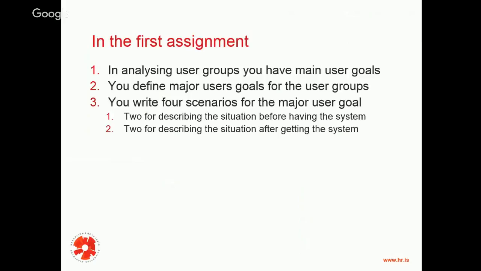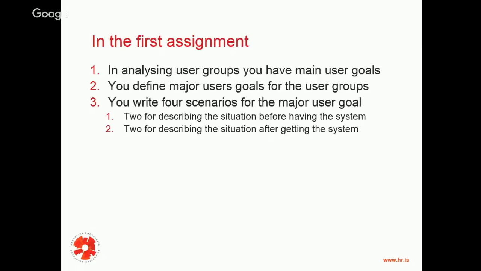Okay, so in the first assignment, you will be analyzing user groups, and there you explain the main user goals. You define the major user goals for the user groups and describe those in the persona description.